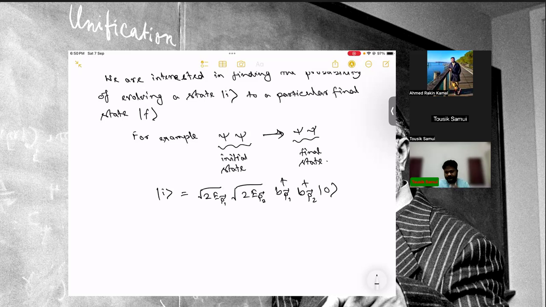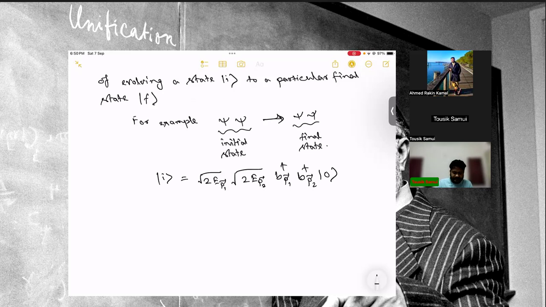As Ratul pointed out, we can actually create this field out of vacuum by these operators, and these are the normalization factors that we have. And then the final state is also the same, but with different momenta, let us say p1 prime and p2 prime, dagger. Notations are getting missing.